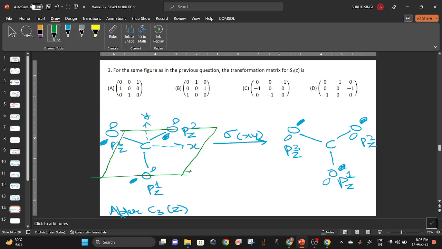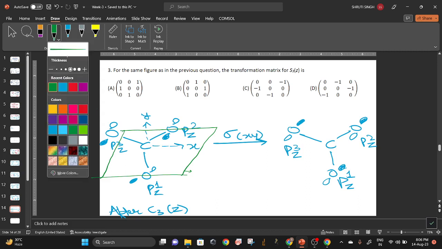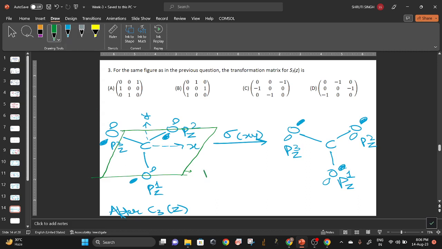Then, ma'am, all lobes will change their sign. Yes, all will change. The position of atoms will not change, just the sign of the lobe will change. So ultimately, what we got from here, let me write the initial, we had pz1 initially, before any transformation.